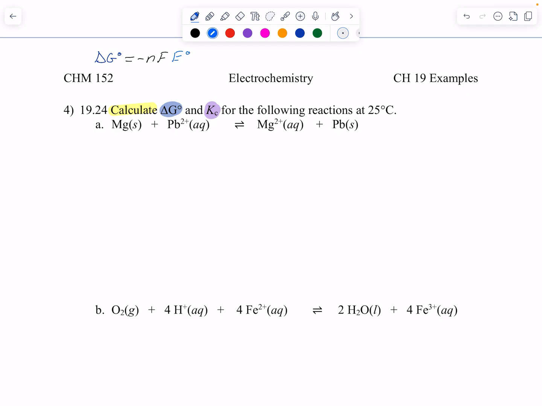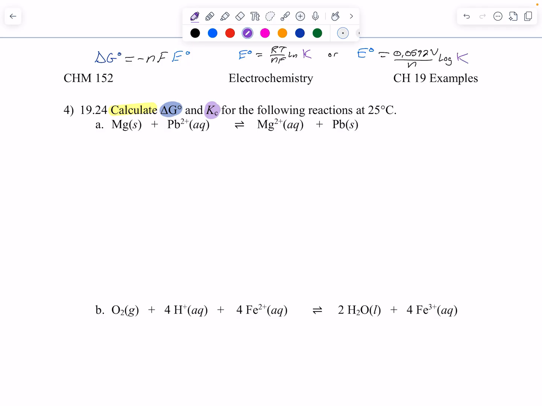And then probably I would use E standard equals either RT over nF natural log of K, or, since we're at 25 degrees Celsius in chemistry land, E standard equals 0.0592 volts over n log of K. Either one you want to use.